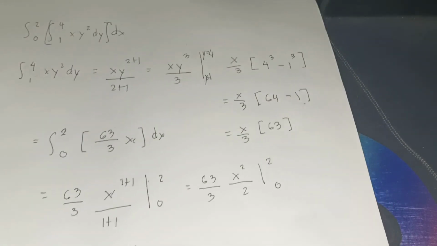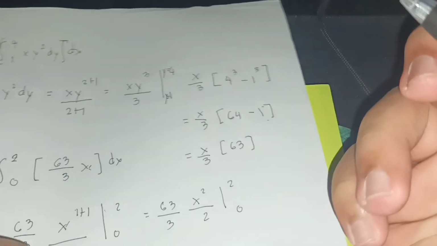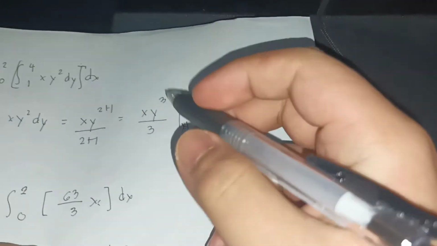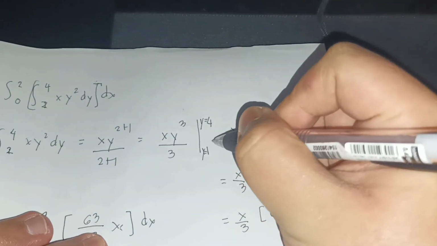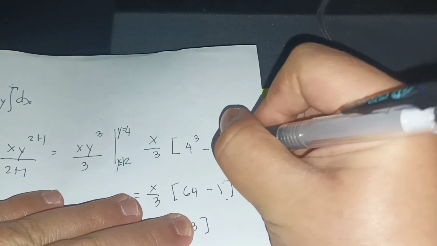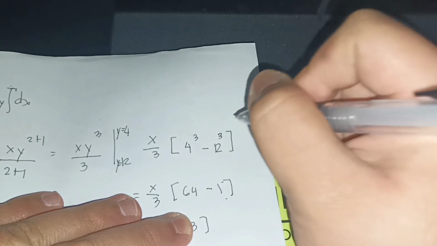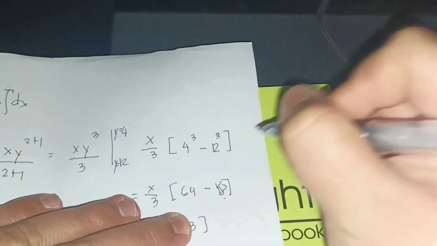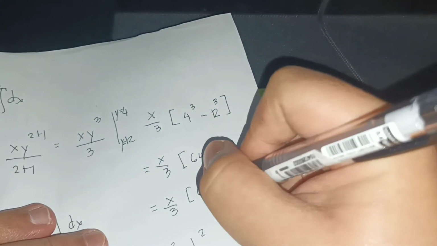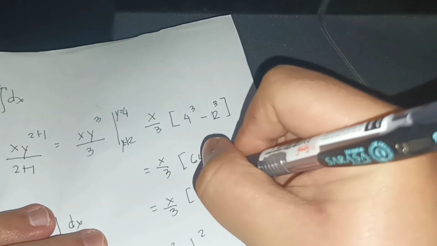So we have this problem here. Maybe to make it a little easier, instead of 4 here, I will just replace it with 2. It will become 2 here. So instead of 1, it will be 2 times 2 is 4, times 2 equals 8. 64 minus 8 will become 56.